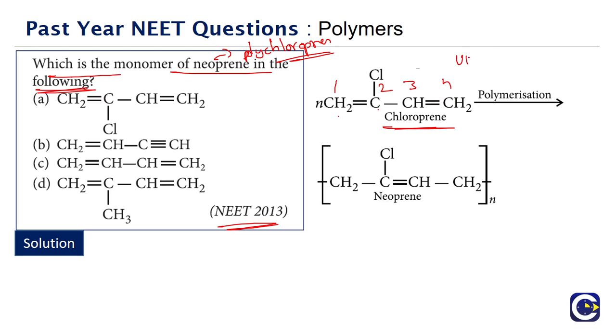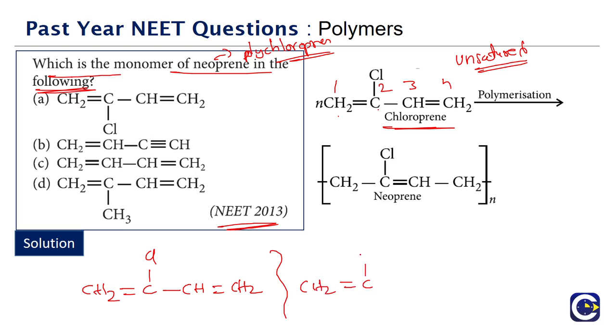So it's an unsaturated monomer and it undergoes addition polymerization. Neoprene is example of addition polymerization, right? So how the addition will occur? If you are having CH2 double bond CCl, single bond CH2, okay, so this is one unit.